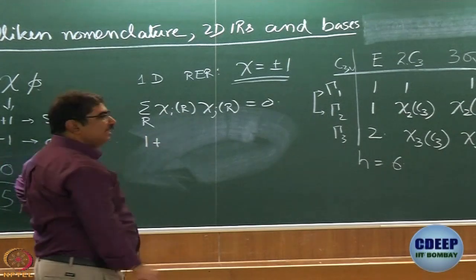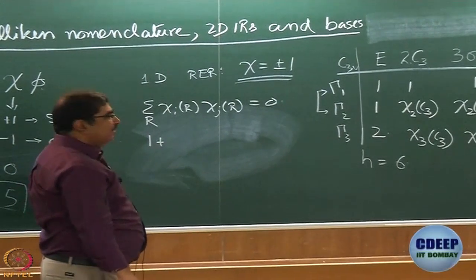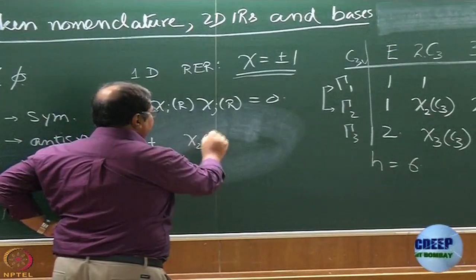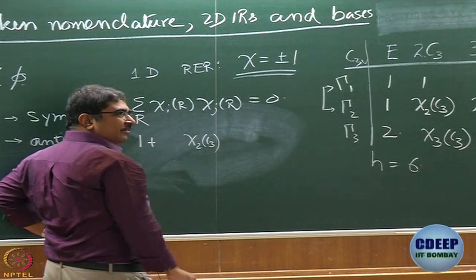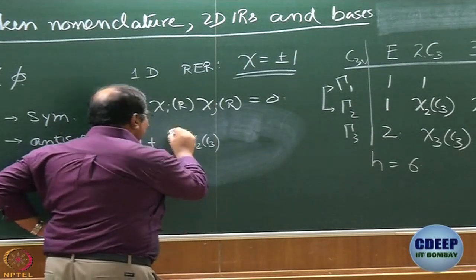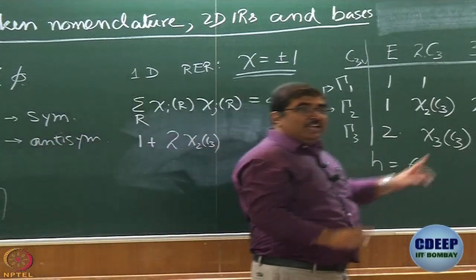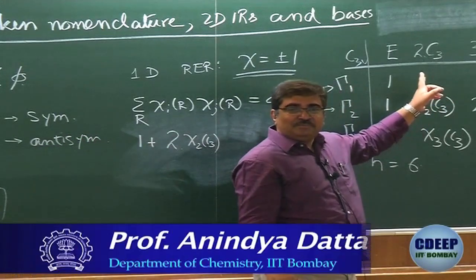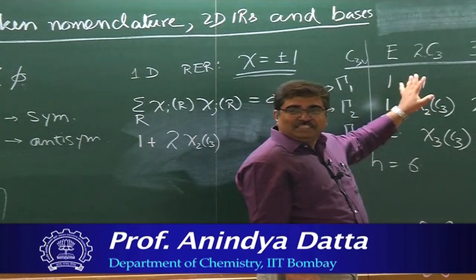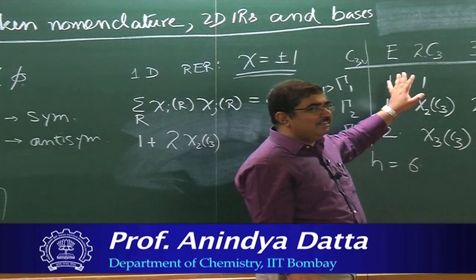What do I get for C3? Yes, 1 into chi2 C3, is that right? Yes, I heard something very faintly. Into 2, right, do not forget into 2. Do not forget, and this is where we can make mistakes. So, let us be very clear about this.